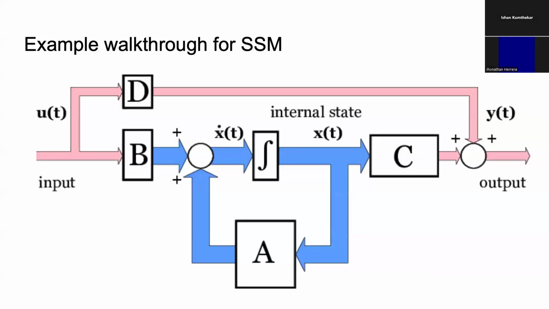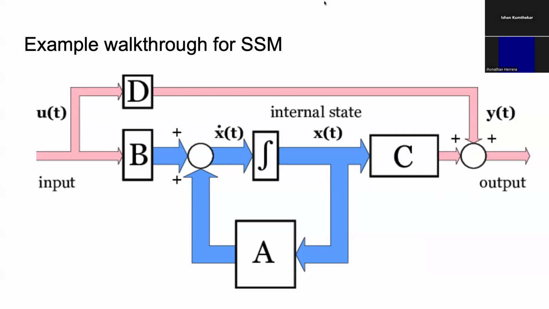So here's an overall overview of it. u is the vector of the input, and this will be multiplied by the input matrix, which is B. Then we also have x, the previous state we're in, and this will be multiplied by the state matrix A. Once we multiply these two, you add them up, and this will give you an output.